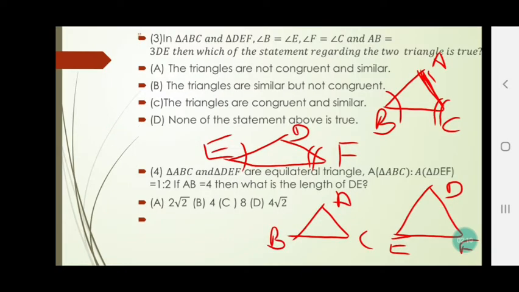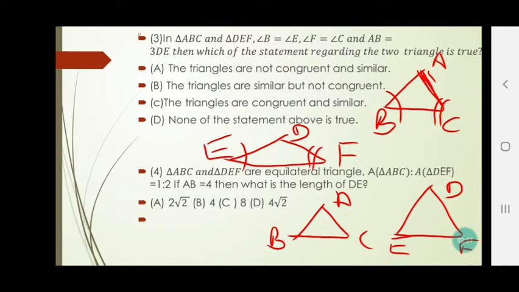The next one: in triangle ABC and triangle DEF, angle B is equal to angle E and angle F is equal to angle C. AB is equal to 3 times DE. Which of the following statements is correct? Angles are congruent and sides are in proportion, which means the triangles are similar, not congruent.